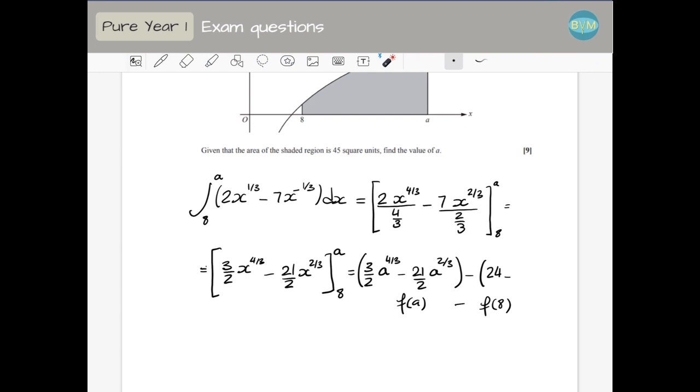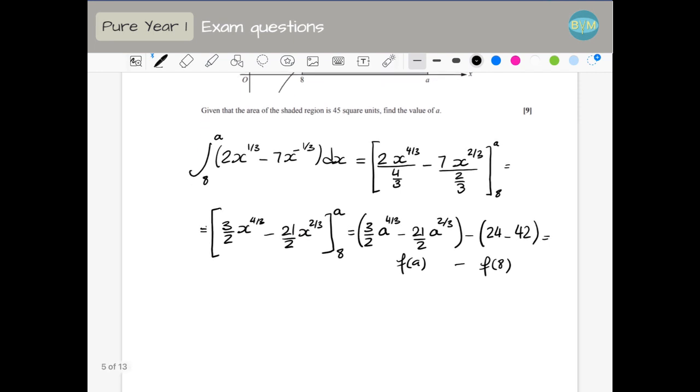Then minus 8 to the power of 2/3 multiplied by 21 and divided by 2. The cube root of 8 is 2, 2 squared divided by 2 is 2, and 2 times 21 is 42.